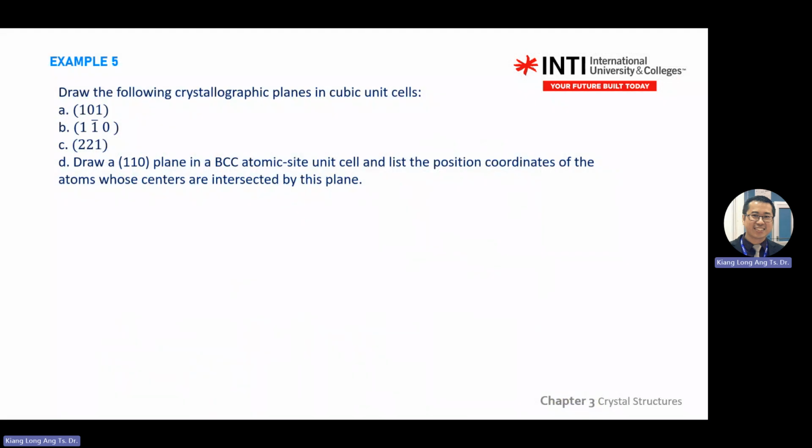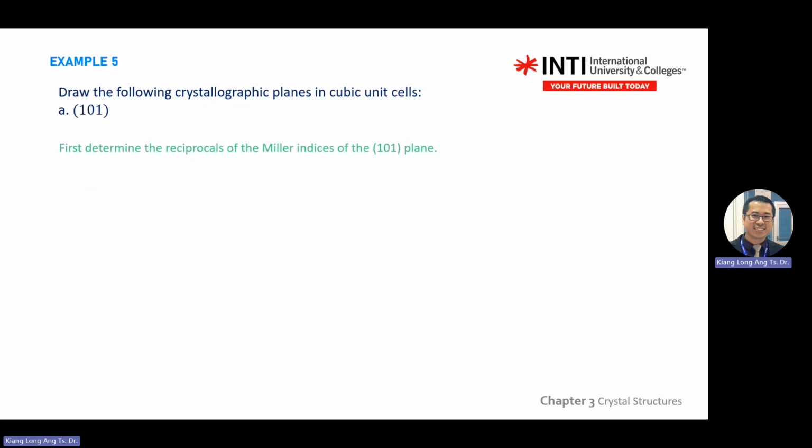This one you can practice if you want, right? So draw the plane of 101. Right, 101 means you move X one step. Y doesn't move. Z you move 1, right? So 101, you can do the indexes, right?